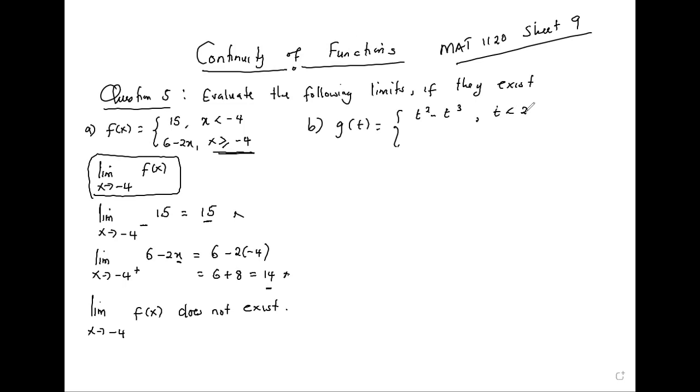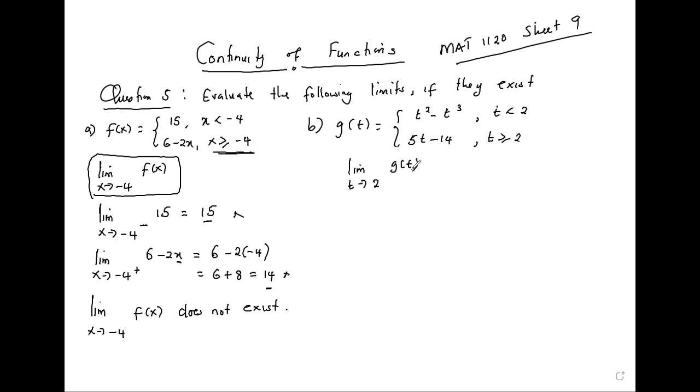We also have 5t minus 14 when t is greater or equal to 2. So we're supposed to find the limit as t goes to 2 of the function g.